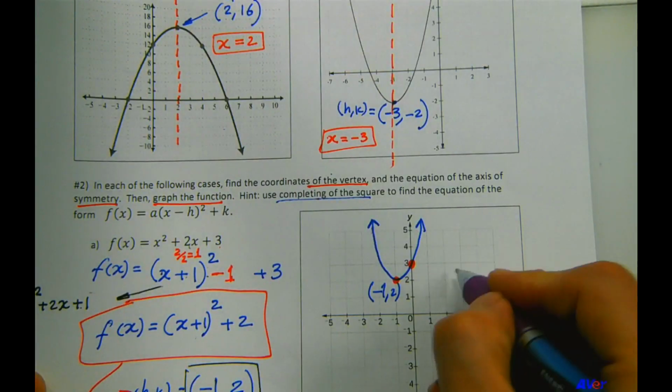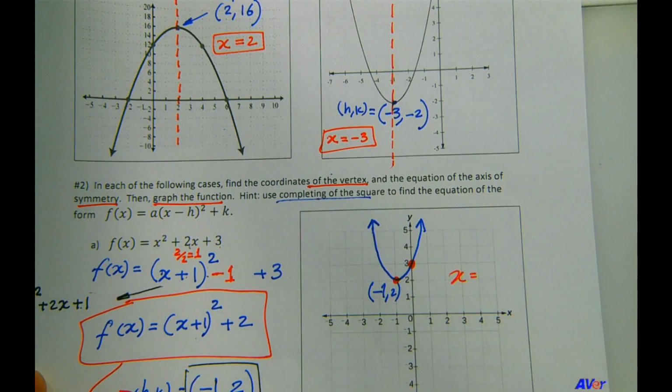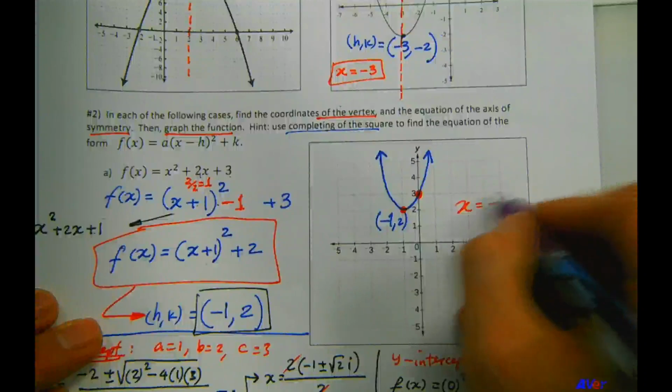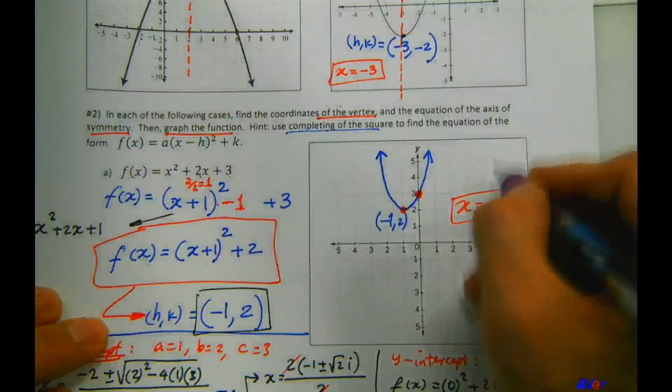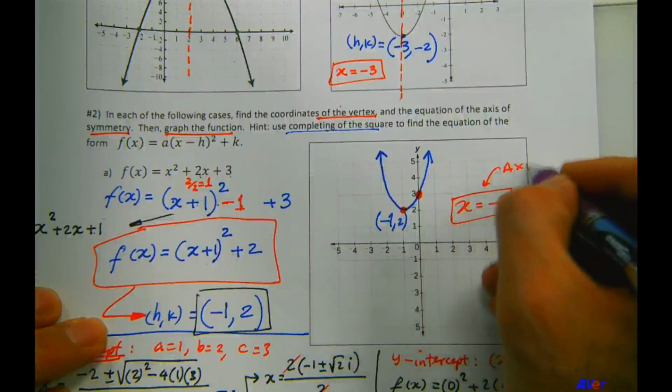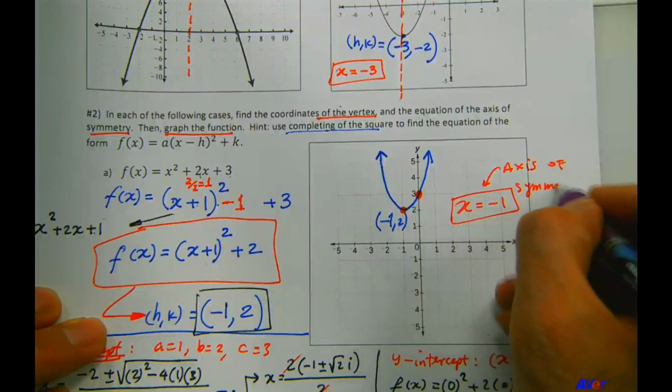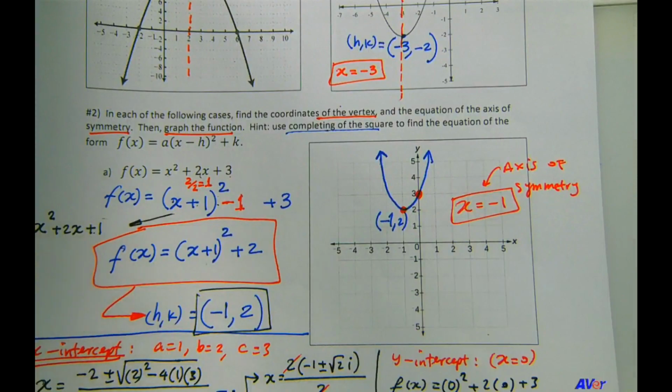And here we can also write down the axis of symmetry, which is x equals -1, right? Axis of symmetry. And we can draw it with my makeshift ruler here.